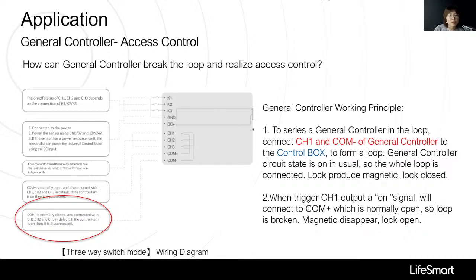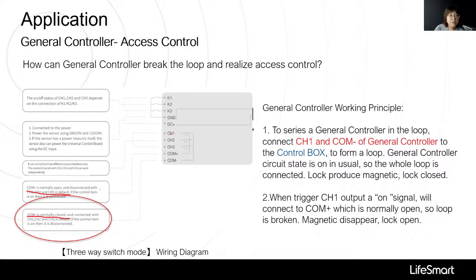So we control the device like motor, like switch, just by connecting the CH and COM interface. The COM plus interface is normally open, and the COM minus interface is normally closed.